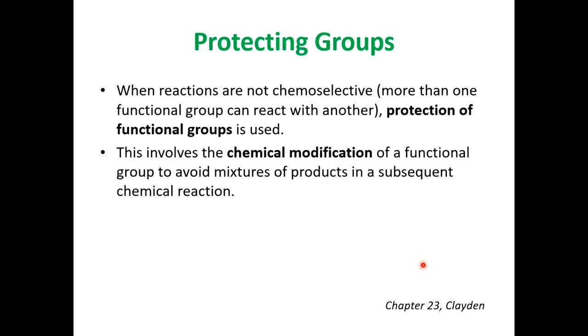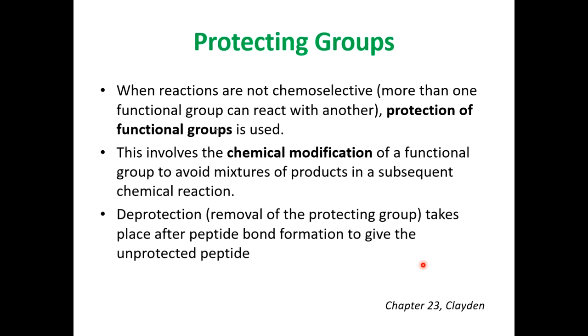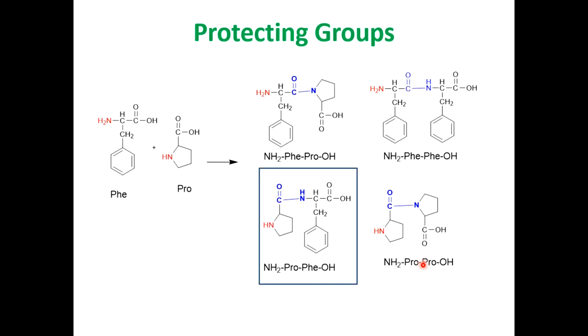This involves the chemical modification of a functional group to avoid mixtures of products in a subsequent chemical reaction. Then deprotection, removal of the protecting group, takes place after peptide bond formation has occurred, and this will give the unprotected peptide. So we will do protecting group chemistry, we'll do our coupling reaction to form our dipeptide, and then we will remove the protecting groups. That's the theoretical process.